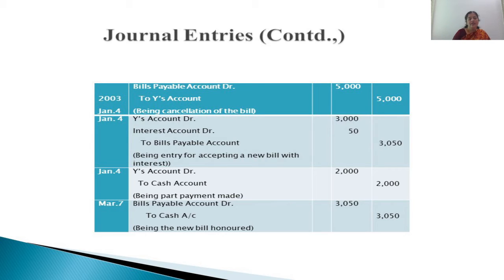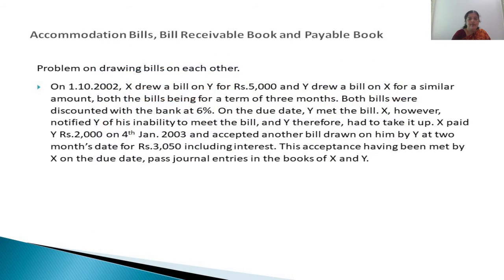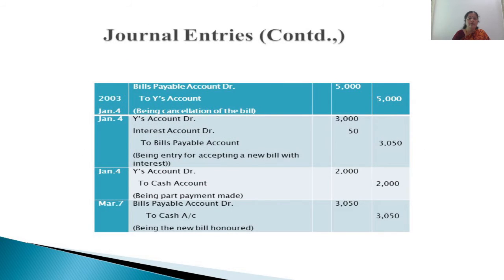And finally, see the date of the last entry, it is on March 7th, because you can see in the problem, we accepted another bill drawn on us by Y at 2 months date. Right, 2 months we asked him the extended period of credit from the first due date.